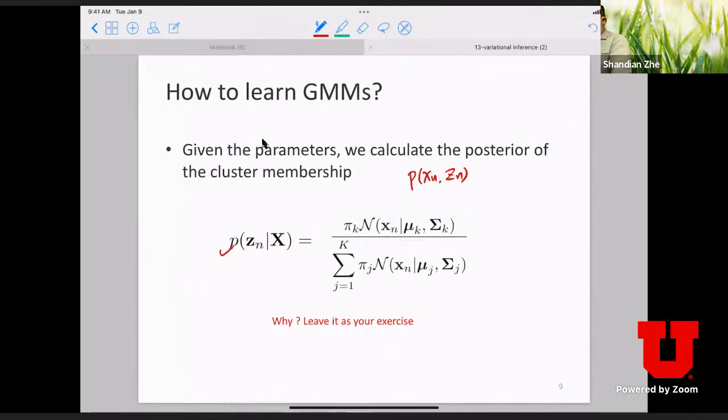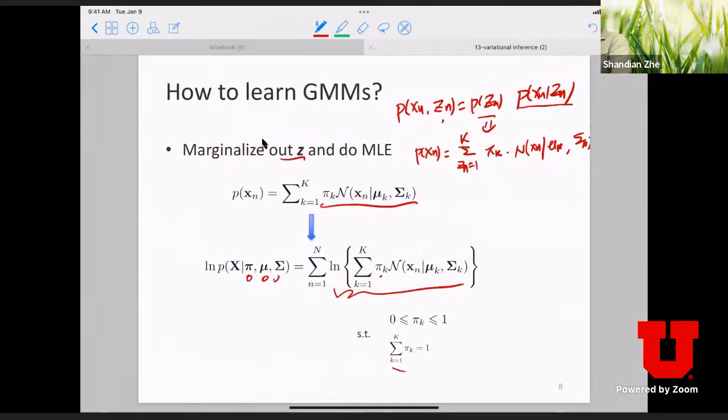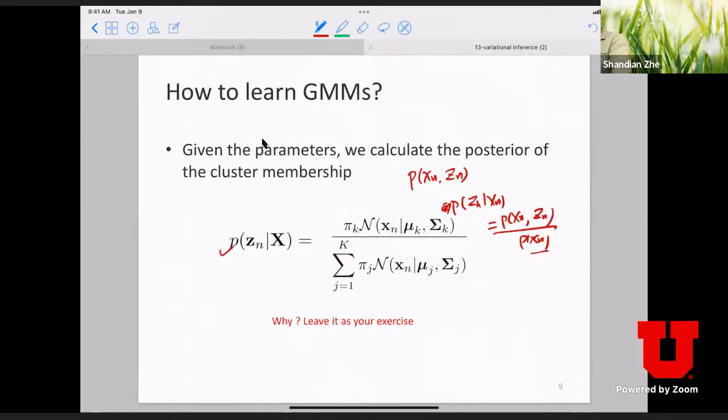So you want to compute P of Zn given Xn, you just divide the joint probability over P of Xn. P of Xn is given here, it has a closed form, so just divide the joint probability over this, and this should be P of Zn equals k, and that's it.